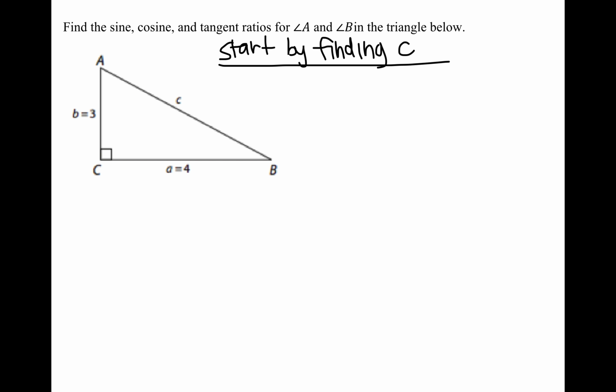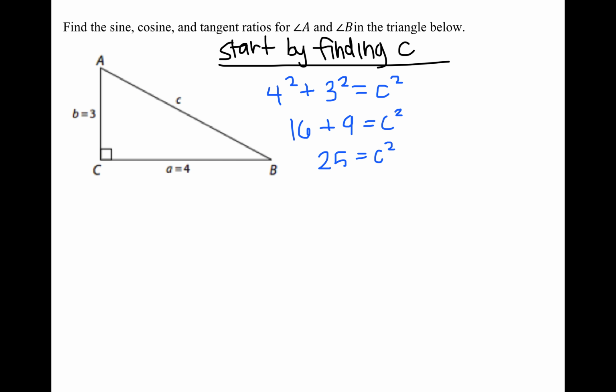So I am going to say here a squared, which is 4, plus b squared, which is 3, is equal to c squared. So all I have to do now is simplify both sides here. So 4 squared is 16, 3 squared is 9, 16 plus 9 is 25.